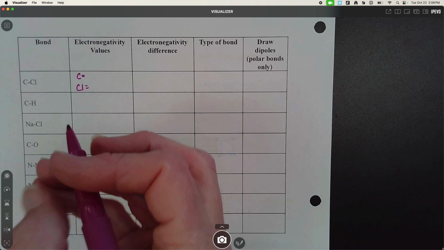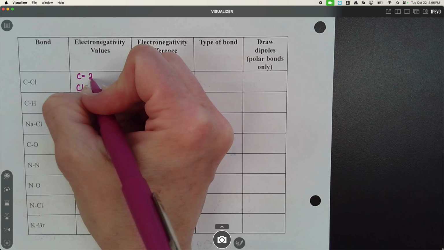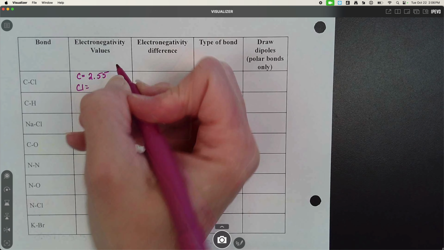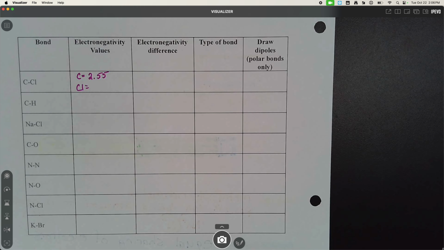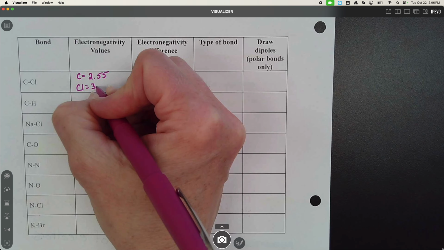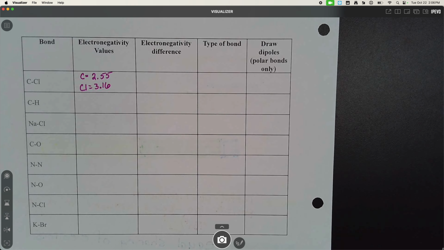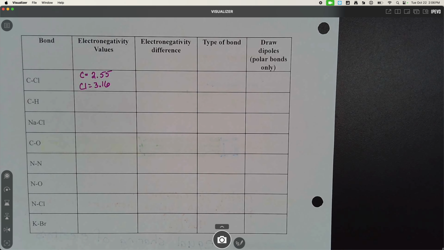So carbon has an electronegativity of 2.55, and chlorine has an electronegativity of 3.16. When you calculate the difference, you're just going to subtract in the direction that gives you a positive number, or just think of it in terms of taking the absolute value.